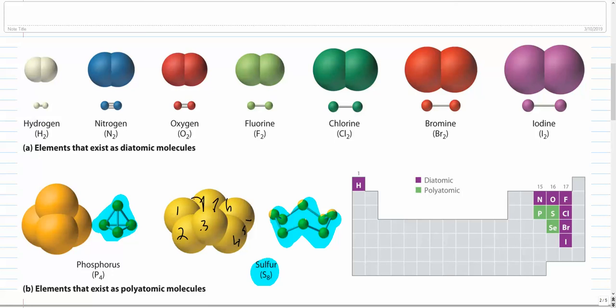You can't see it because it's a 3D drawing here, but they get together in groups of 8 atoms. So if you have some pure sulfur, you're actually seeing molecules with 8 atoms each. If you look on my periodic tables that I keep by my quiz computers, you'll notice that these elements that are diatomic have little d's by them, so that will help you. And I think I also put a little 4 here and a little 8 here for phosphorus and sulfur.